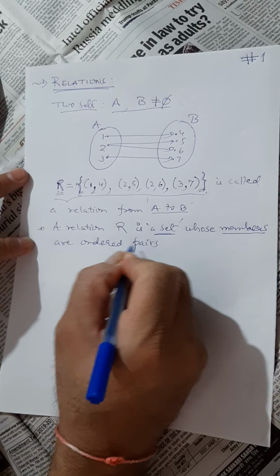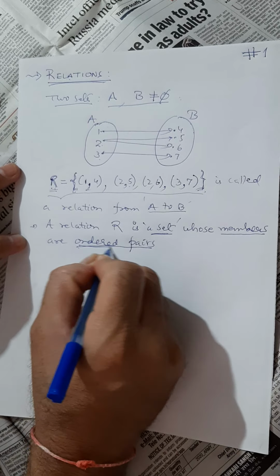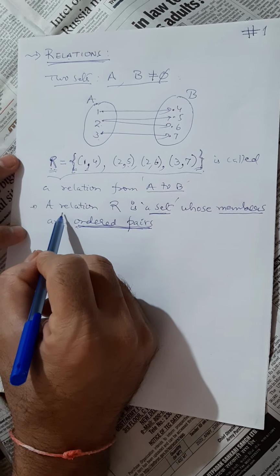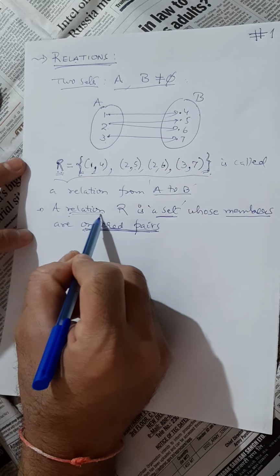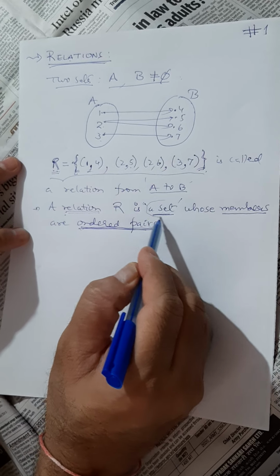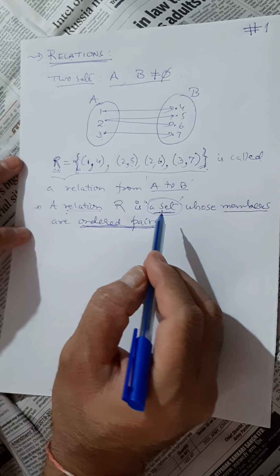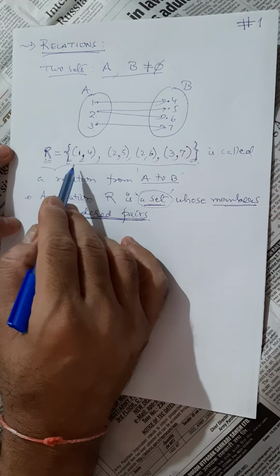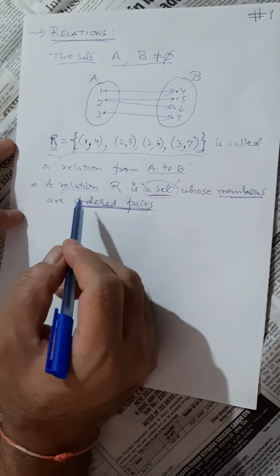This is the most general way of defining a relation. When we have the word relation in 11th and 12th, we must immediately have this in our mind: a set. But which type of set? A set whose members are ordered pairs.